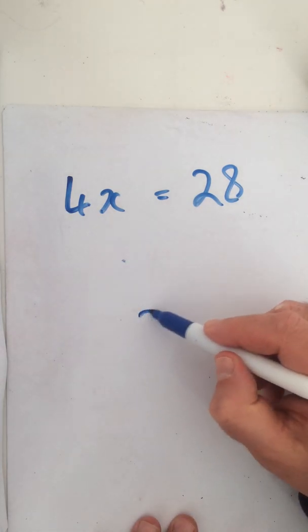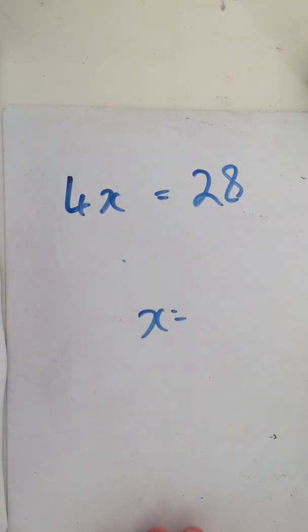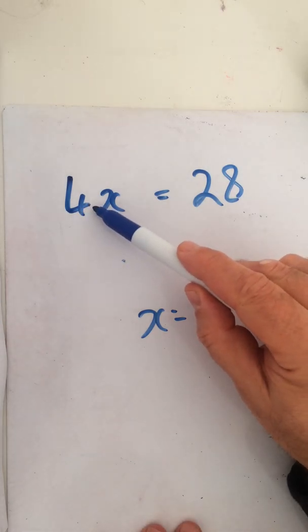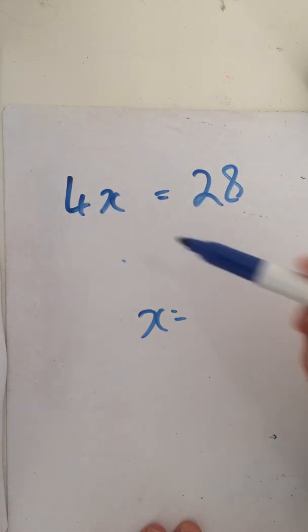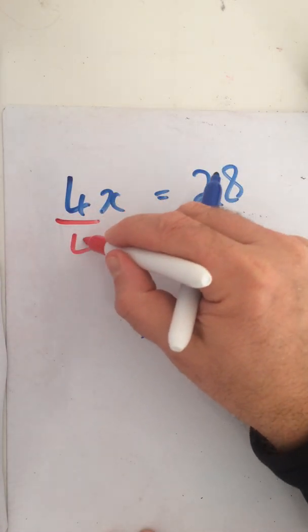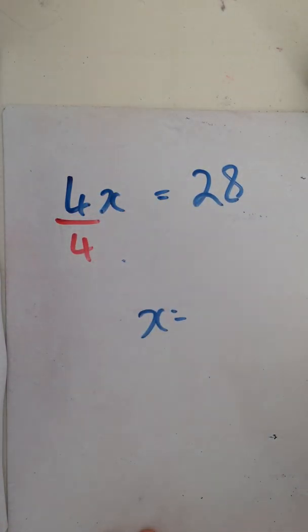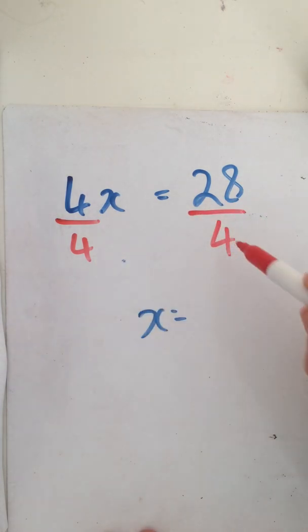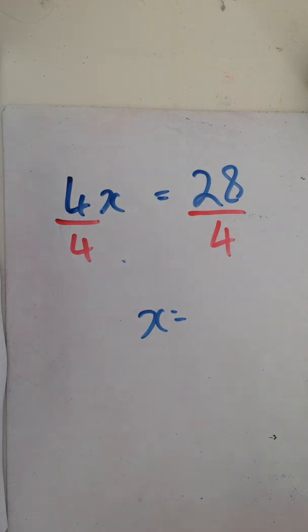Now I want to be left with x on this side of the equation. Therefore I want to get rid of this 4 times, and I do the opposite of times, which is divide. So I'm going to divide that by 4. It's called the balance method. So I have to balance out the equation and do the same on the other side.